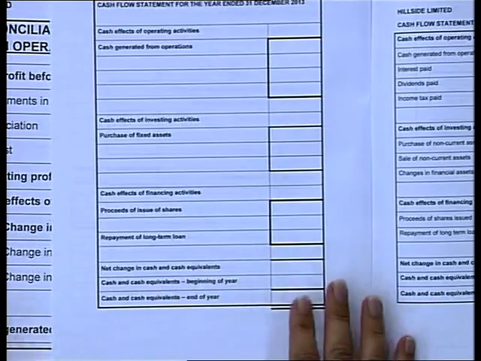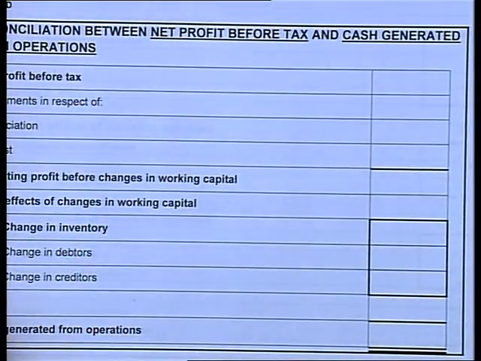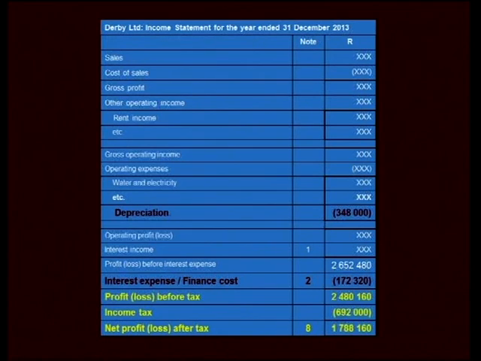And you can keep that open with you so that you can work with me and also have your information handy. Now, in this activity, if you look at the information that is provided, I have tried to draw up an income statement, which in the end shows that over here, the net profit after tax is 1788.